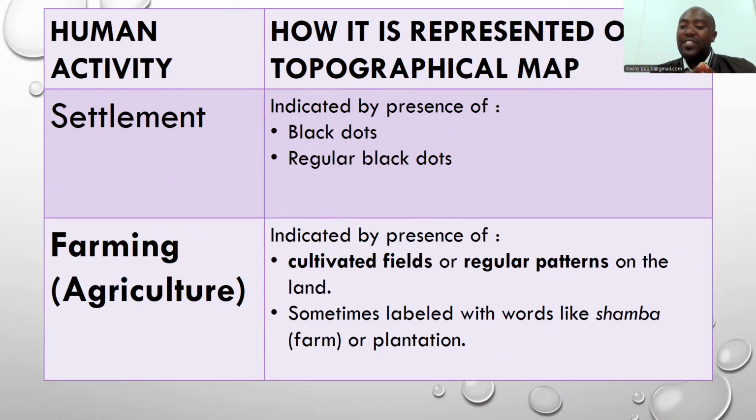Another human activity is farming or agriculture. Farming is indicated by the presence of cultivated fields or even regular patterns on the land. Sometimes it can be labeled with words like shamba. Shamba is the Swahili name for a farm or a plantation.